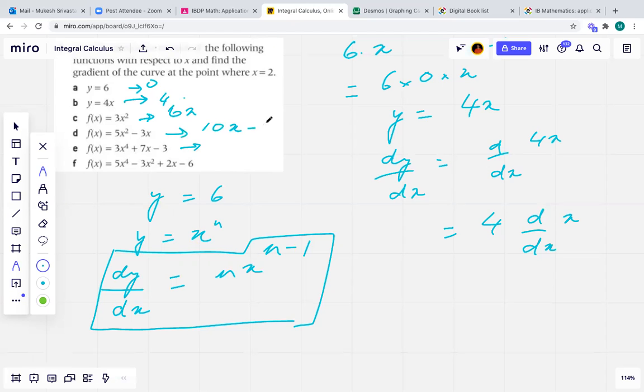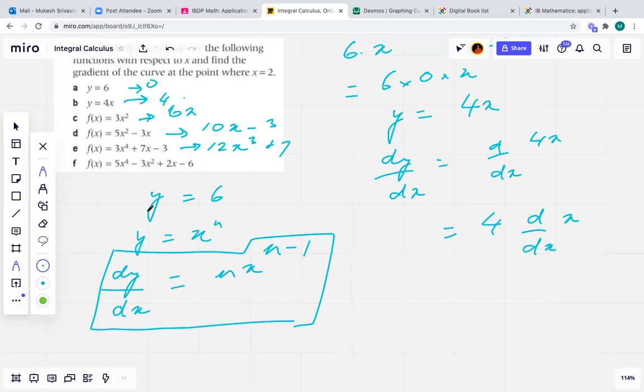So it will be 12x cubed minus 7. The plus 3 is a constant, so it goes away. Your answer will be 12x cubed minus 7. Sorry, not plus 7, minus 7.